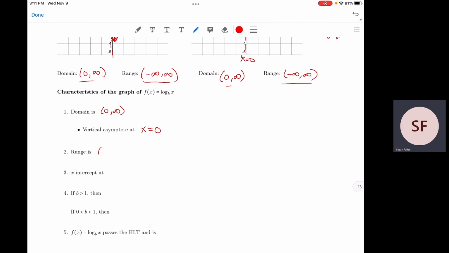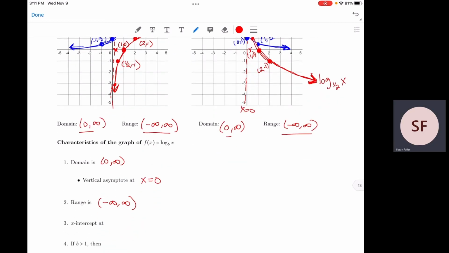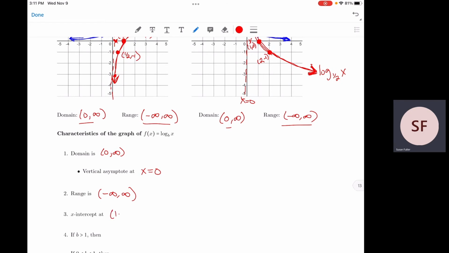We covered everything from -infinity to infinity for the range. Our exponentials had a common y-intercept. Logs don't have y-intercepts, but they do have x-intercepts. All of these log base b of x graphs will have an x-intercept at the point 1, 0.